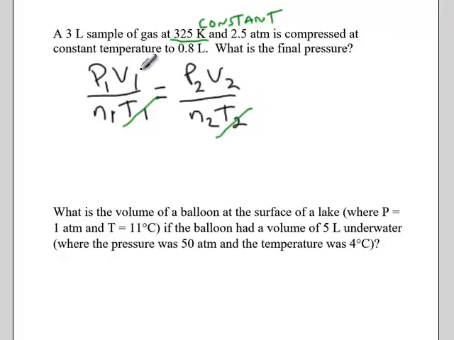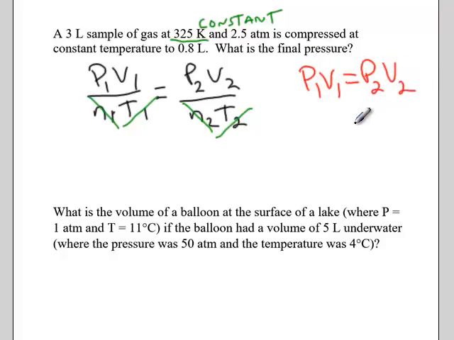Also, notice in reading the question, they don't say we put in extra gas or we popped a hole and let some of the gas out, so that means the number of moles is the same. So we've reduced our equation to just P1 V1 equals P2 V2.